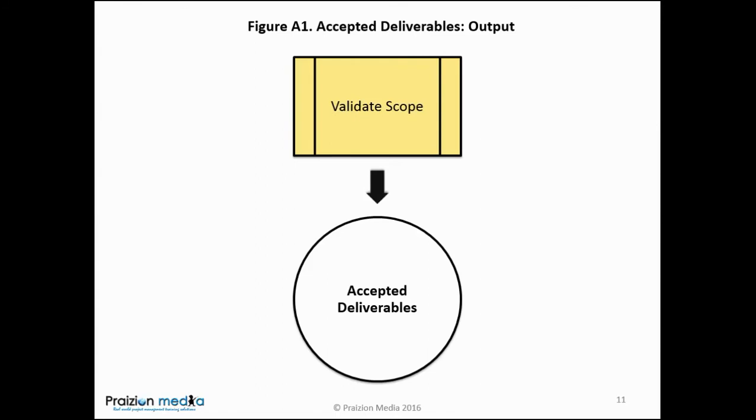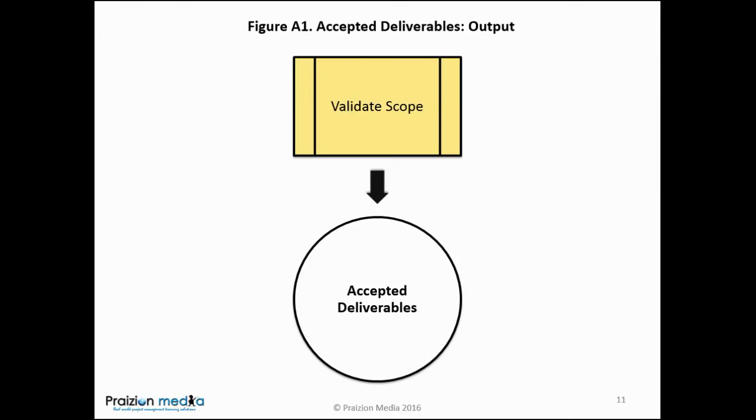So here we have accepted deliverables as an output. We're trying to understand, where does accepted deliverables come from? And you can see in this image, accepted deliverables is an output of validate scope. But then the next question is, where does accepted deliverables go as an input?